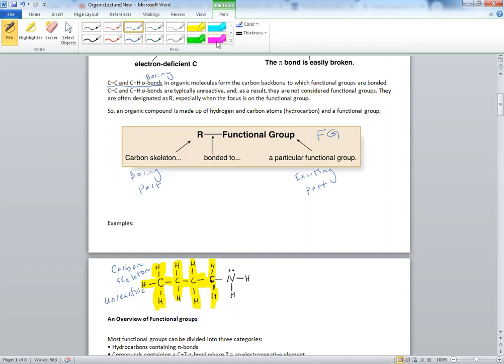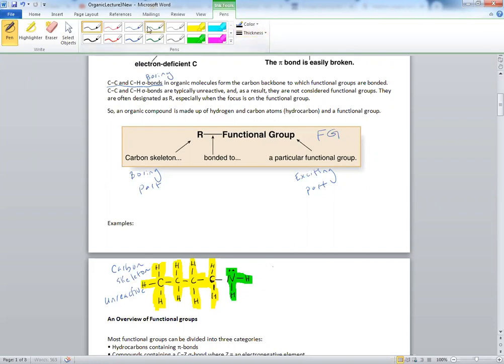Now, in green here, this is my functional group right here. So let's write that down.